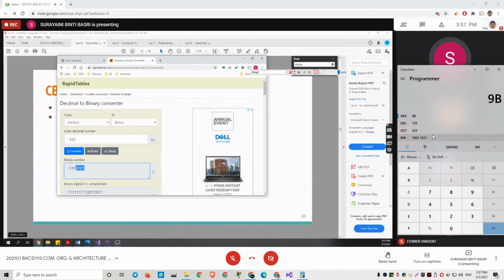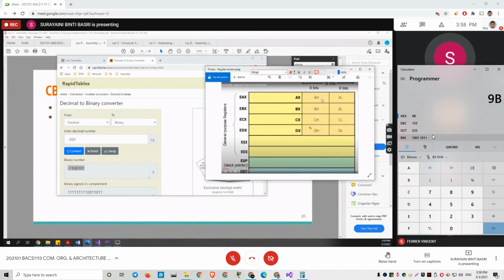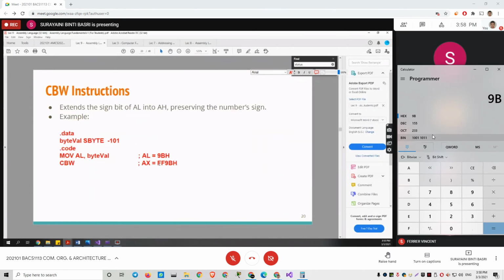So if you can see, this one is only 7 bit, so this only can occupy AL. And then we want to extend it until it can occupy AH. So we need to extend it using CBW. Just put this instruction immediately after this instruction. You cannot put any instruction between these two.